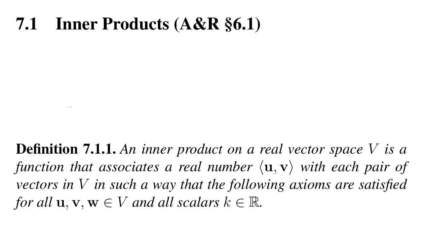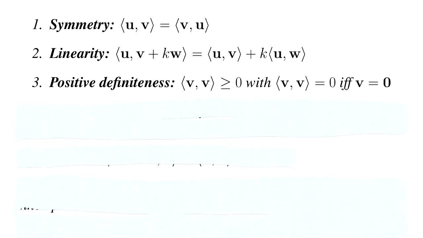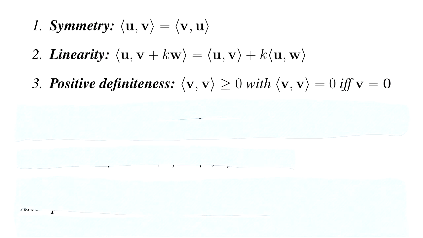Okay, now, all of this block says is that the inner product is a map that maps a pair of vectors to a real number. Now it satisfies three properties, okay? And if you stare at them, they are all satisfied by the dot product, which is not surprising, right?